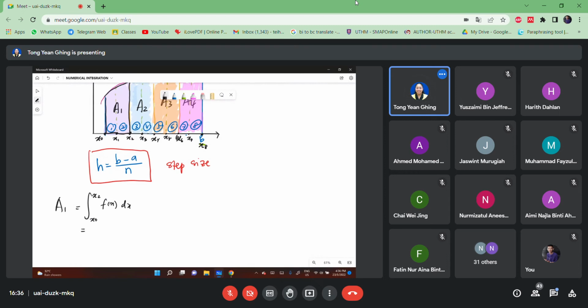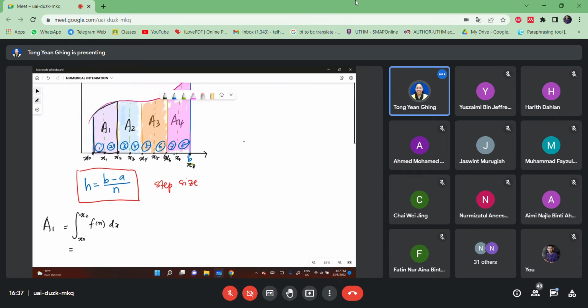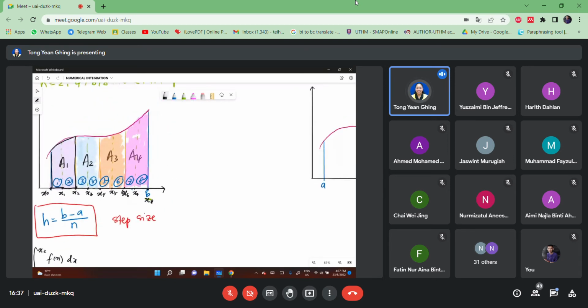So now it becomes H. For the Simpson's formula, the common formula is like this.